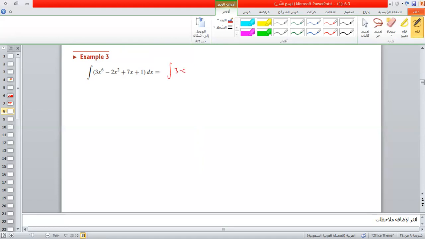You have to write them as 3 the integral of x to the power of 6 dx, then minus 2 the integral of x squared dx, then plus 7 the integral of x dx, then plus the integral of 1 dx.